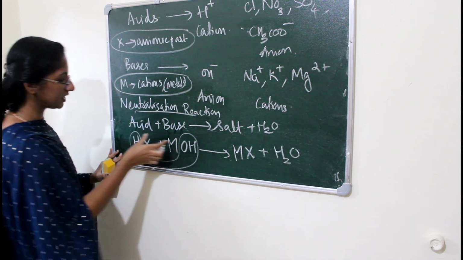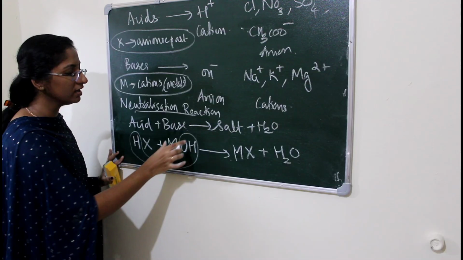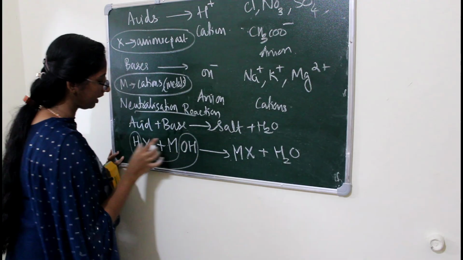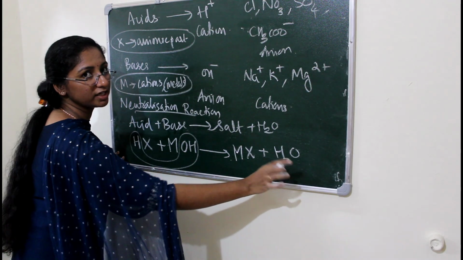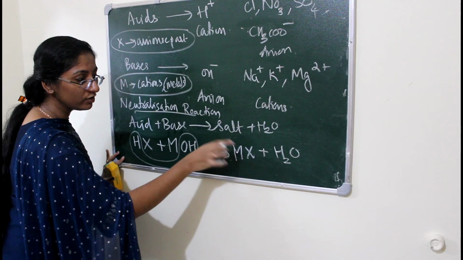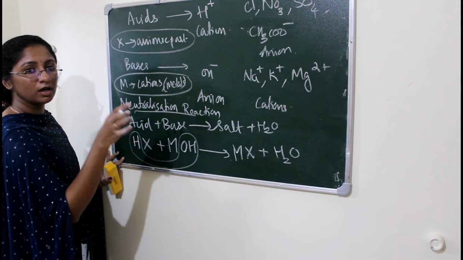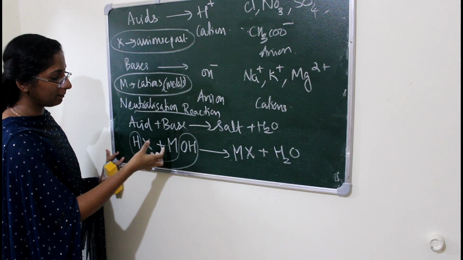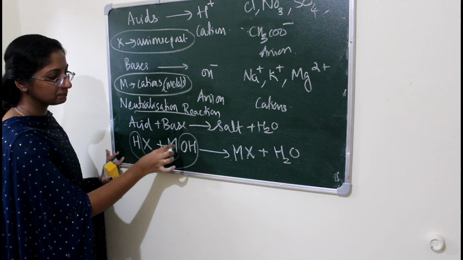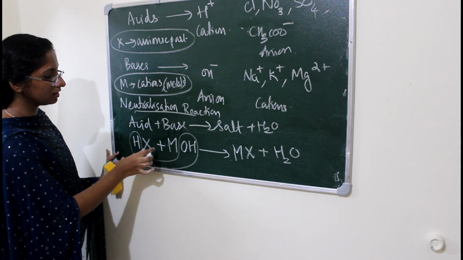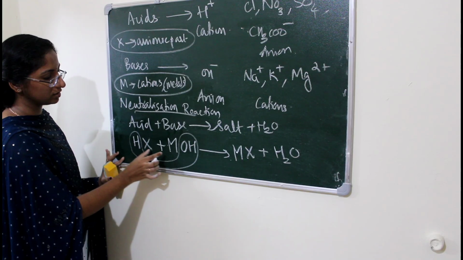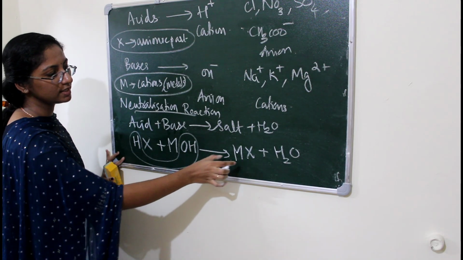One H plus from the acid and OH minus from the base combine to give water as the byproduct, along with the salt, which we get by the combination of this metal cationic part and this anionic part, that is MX.